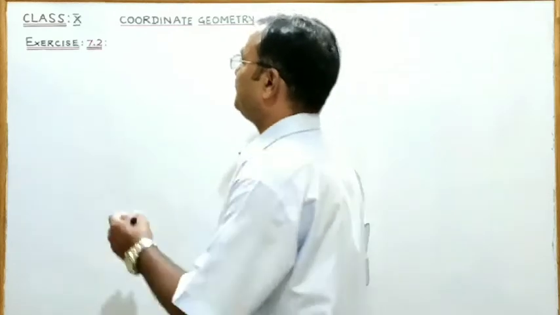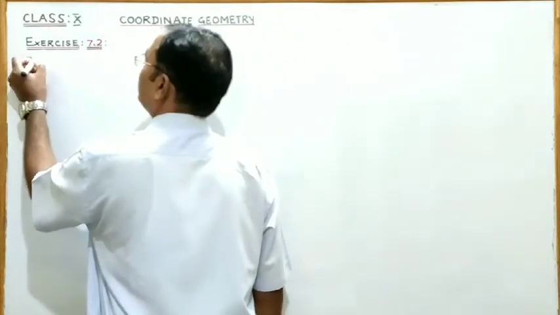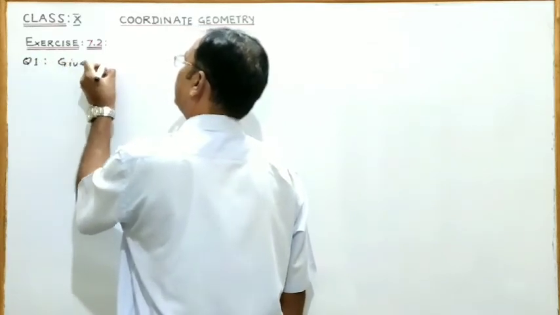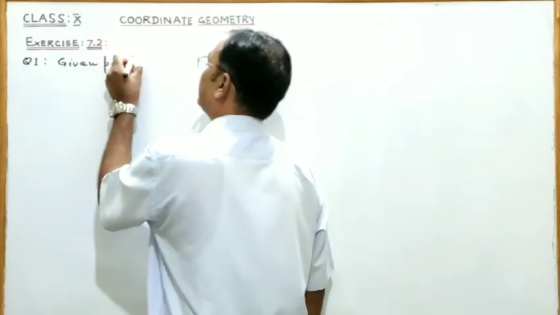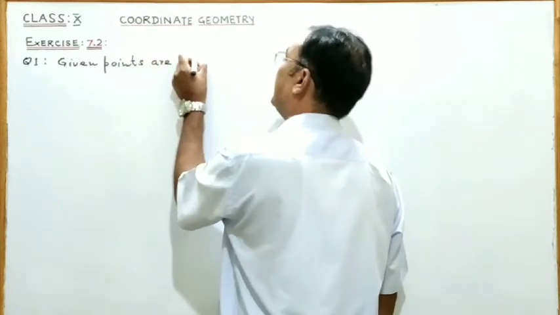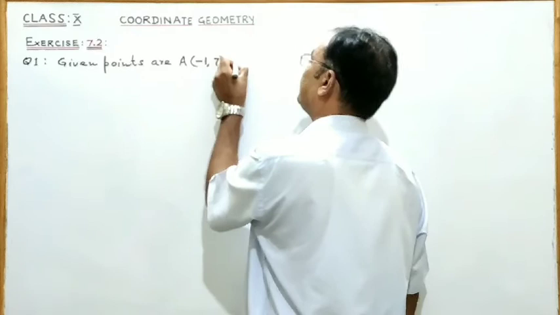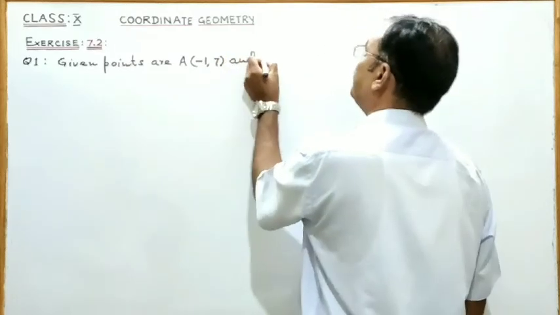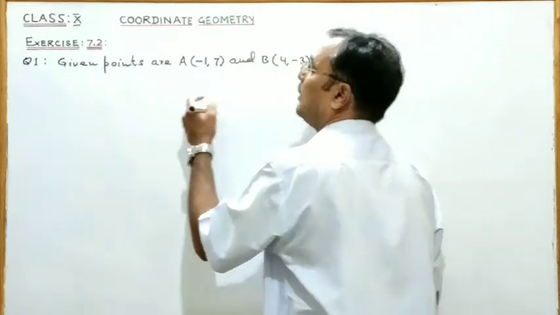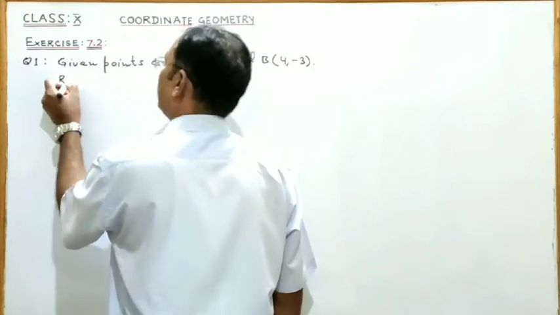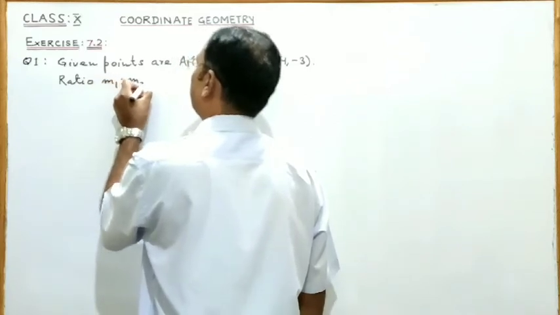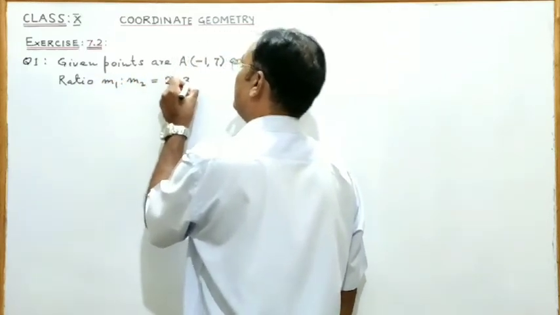So here in this question, given points are say A (-1, 7) and B (4, -3), and the given ratio m1 is to m2 is 2:3.